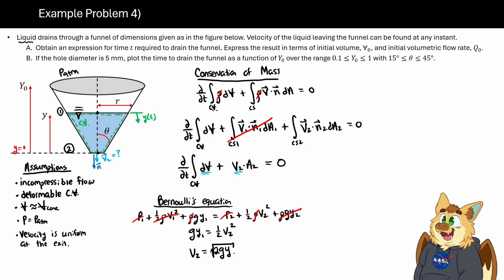And you might be asking, why didn't I put a subscript 1? Because the way the problem was formulated, based on how it was presented to us, it was saying that y is basically this upper surface here. So we used a subscript 1 to denote where we were applying Bernoulli's, but for this purpose, we're just going to keep it as a flat y variable.